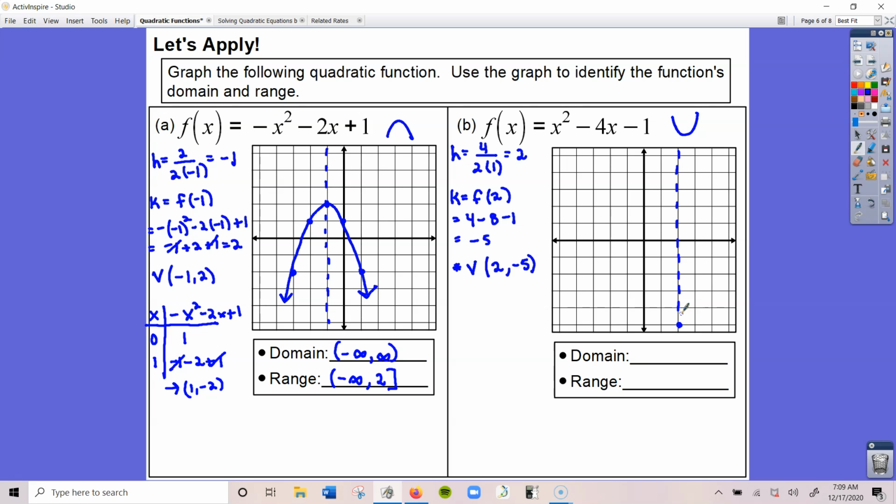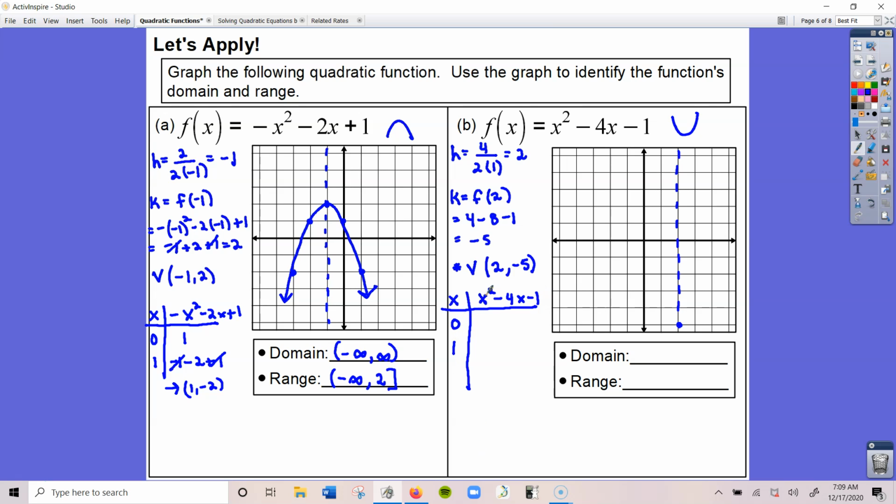Now we're going to pick 2 points either to the left or to the right of the axis of symmetry. I'm going to choose 2 points on the left, but remember, it does not matter which direction. Since my vertex is at 2, I am going to choose to plot 1 and 0. And we're going to plug in these x values into my function.